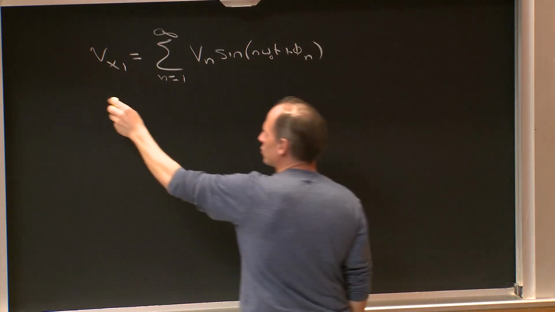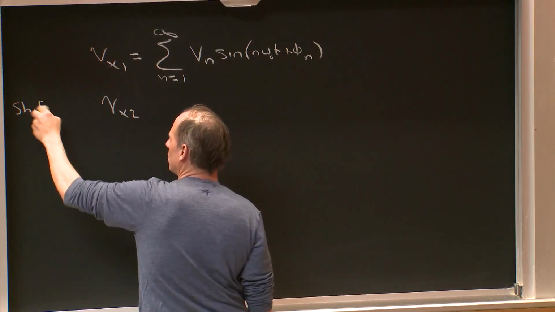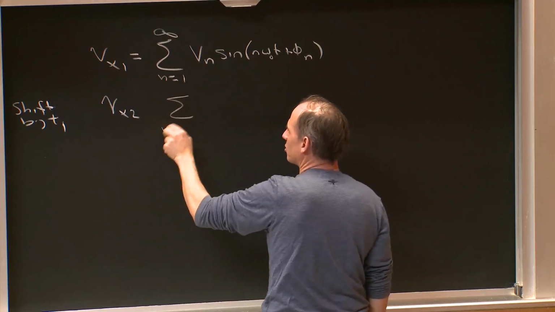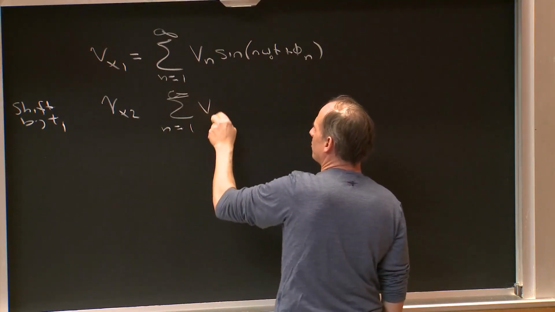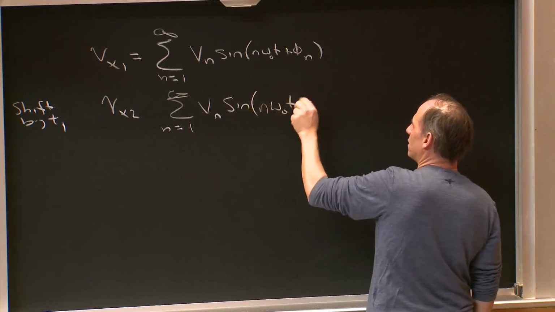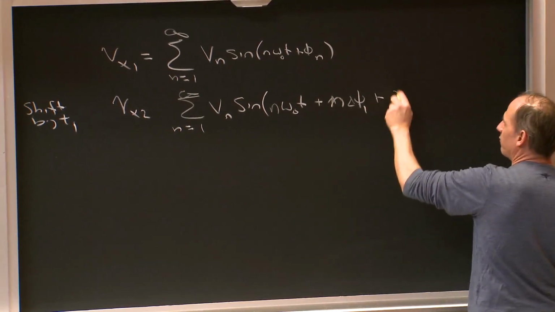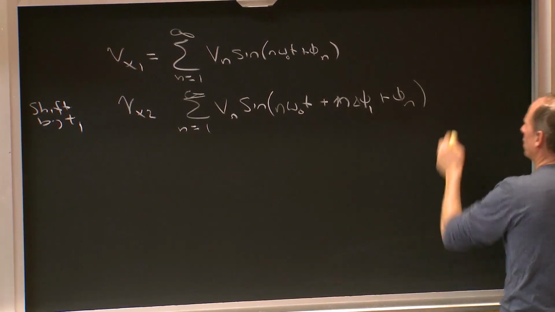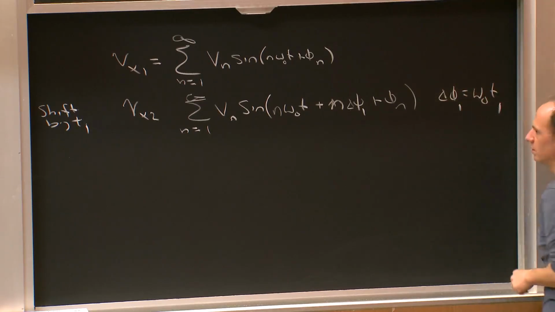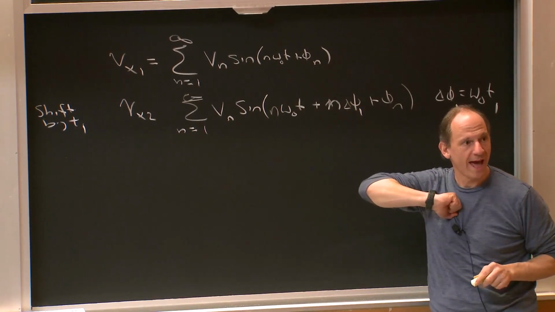That means that Vx2, if I shift by T1, is just the summation of n equals 1 to infinity of V sub n sine of n omega naught t plus n delta phi 1 plus phi n, where delta phi 1 is just equal to omega naught T1. Now I have these two waveforms and I add them.